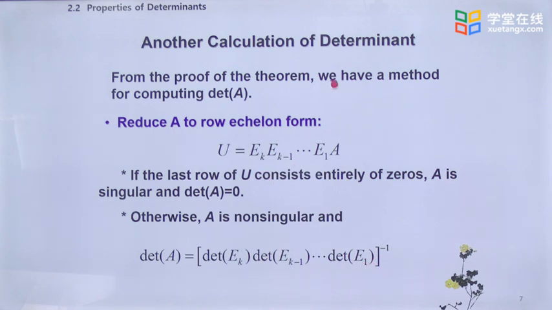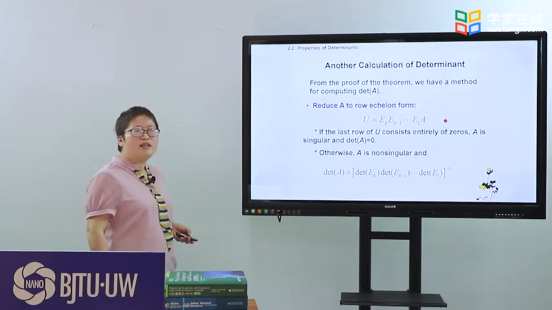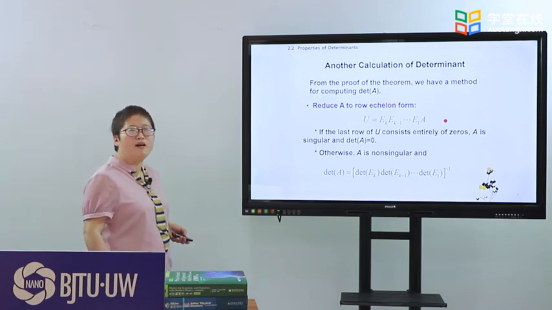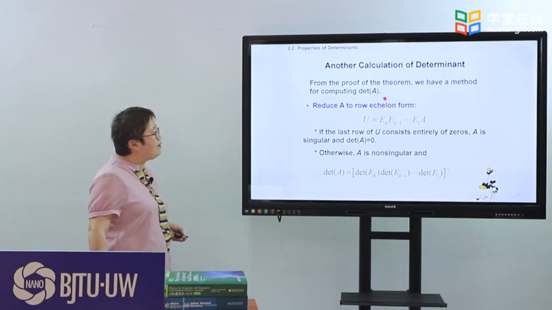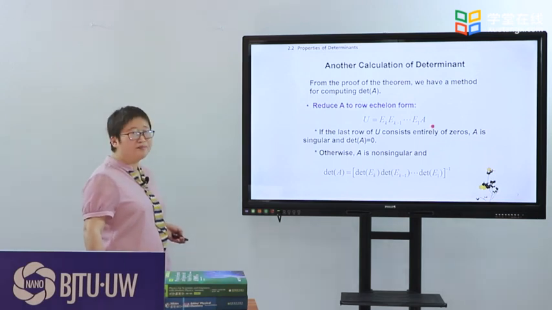Why do we have this one? See from this equation, U equals this multiplication. Because these two matrices are equal, the determinants also equal. So you have the determinant of U equals the determinant of this multiplication of matrices.